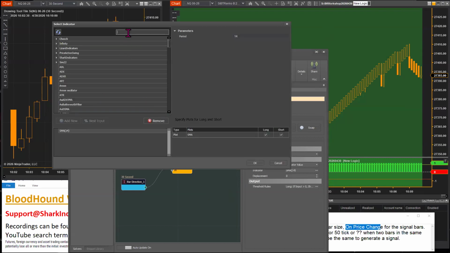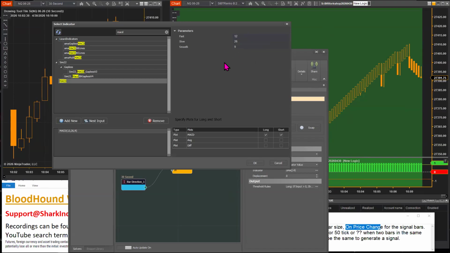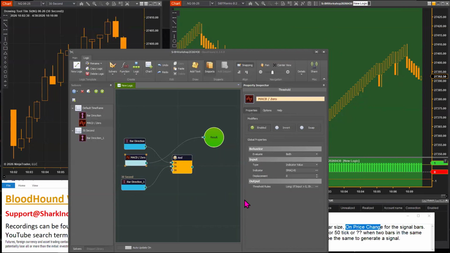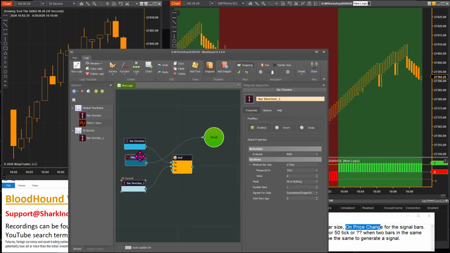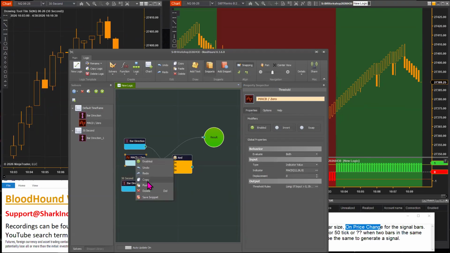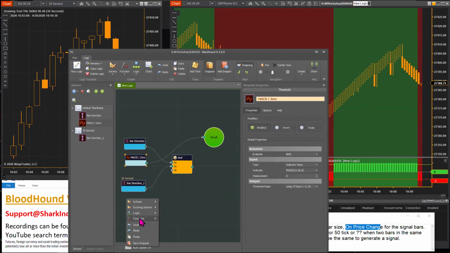There's our indicator list. All right, do a little search. There's our MACD. I'm just going to use default settings and use the MACD line. Click OK. There. And I'm going to now make a copy of that and paste it down here.